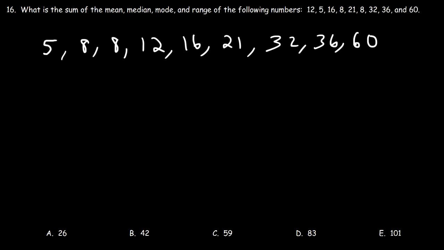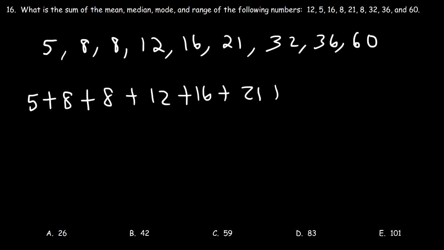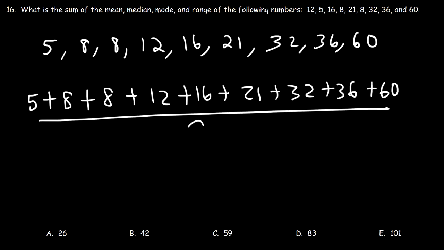Now, let's start with the mean. The mean is basically the average. So we need to find the sum and then divide it by all the 9 numbers that we have here. So let's add up 5 plus 8 plus 8 plus all the numbers in this list. And since we have a total of 9 numbers, we're going to divide the sum by 9.